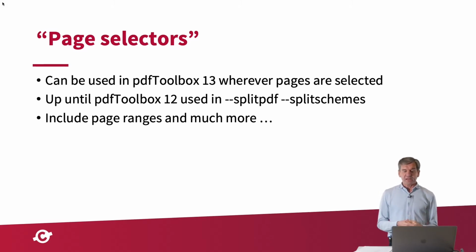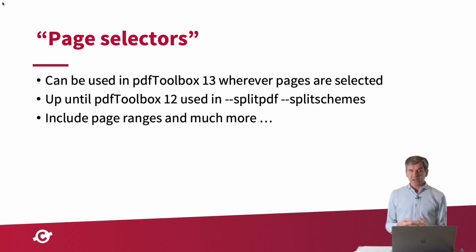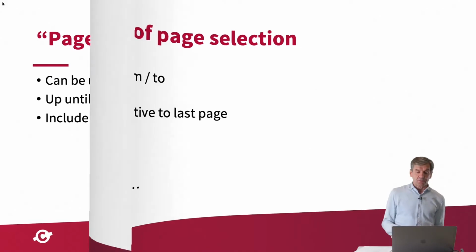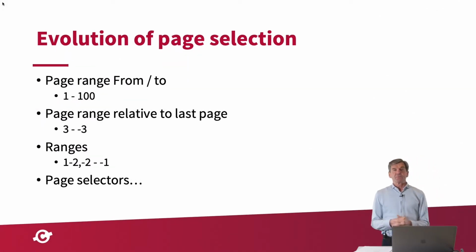In split PDF we introduced something with the name split scheme, and that actually is what today is a page selector. A page selector can just be a page range, but it can also be much more. Here we are looking at the evolution of page selection, if you want.